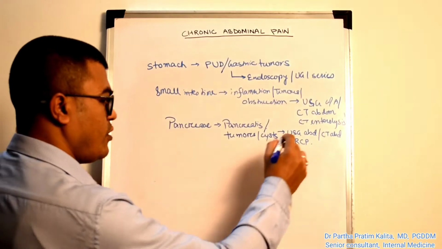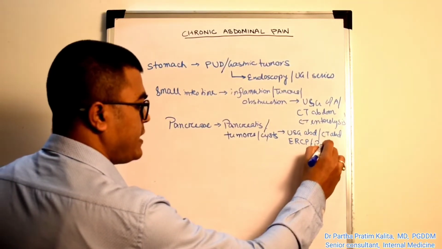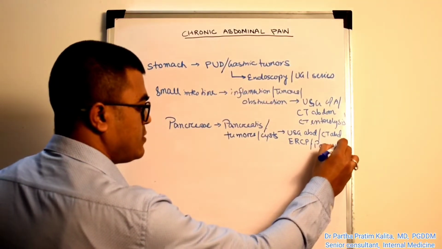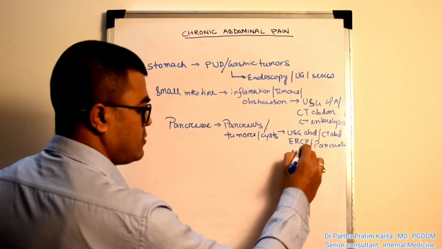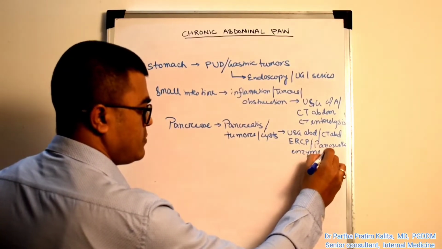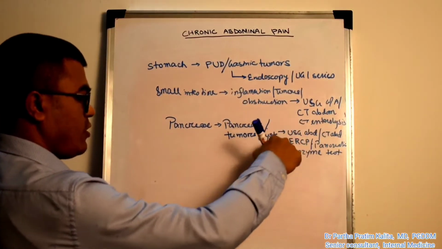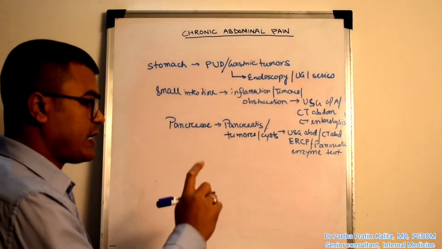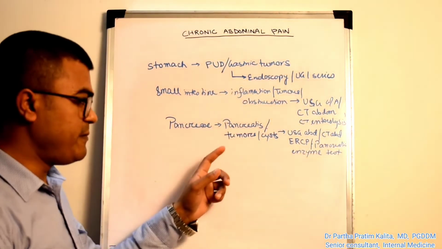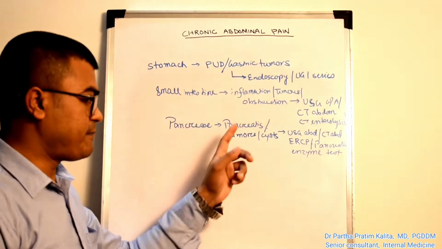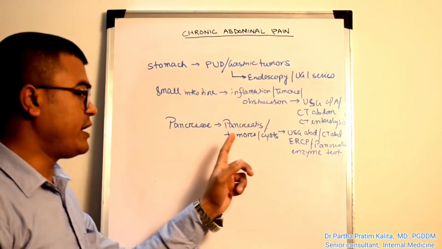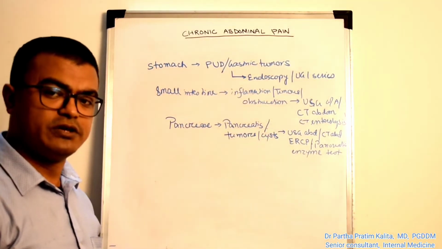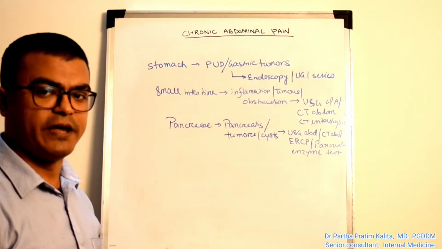With that, we should also go for a pancreatic enzyme test. So all these investigations can lead to the diagnosis of any problem in the pancreas like pancreatitis acute or chronic, tumors and the cyst which may cause chronic abdominal pain.